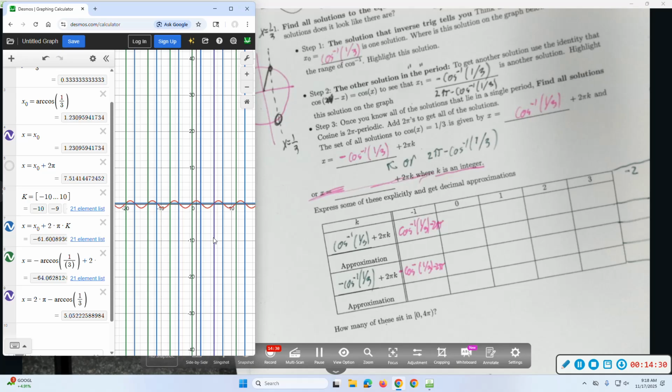Once someone's got an entry to go on the table, tell me what you get. How many people don't see how to enter inverse trig functions on their calculator? Okay, cool. Then I won't pull up the TI-84 simulator online and do it myself.